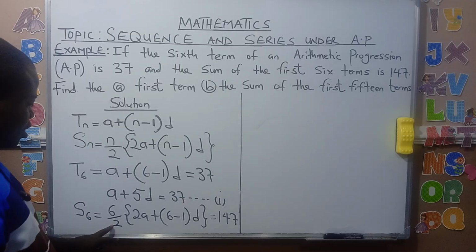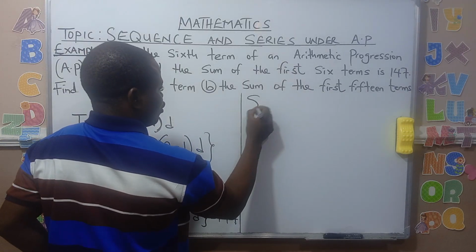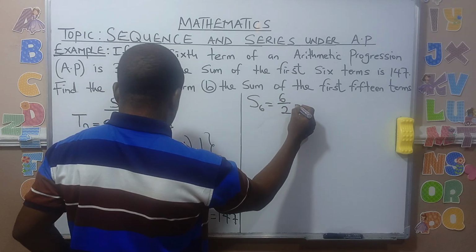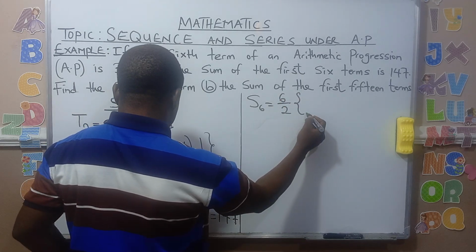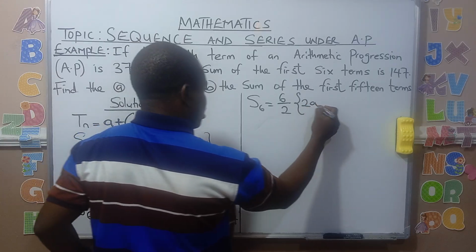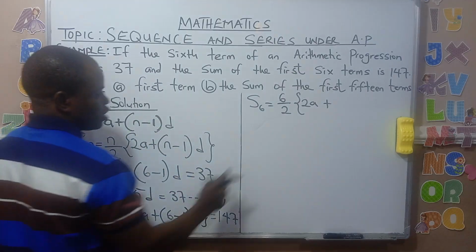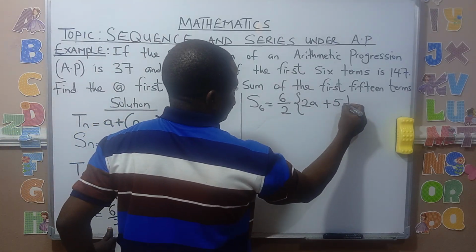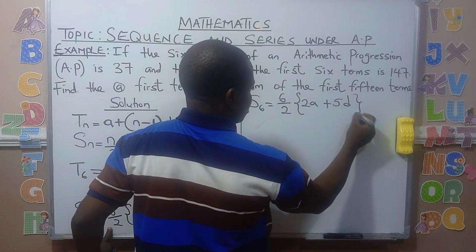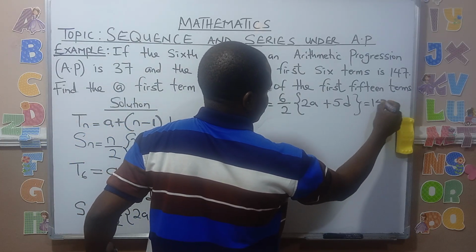Now let's see, the sum of the 6 terms equals 6 over 2 times the curly brackets 2a plus 6 minus 1, which is 5, 5d, put it outside the curly bracket, close it, equals 147.